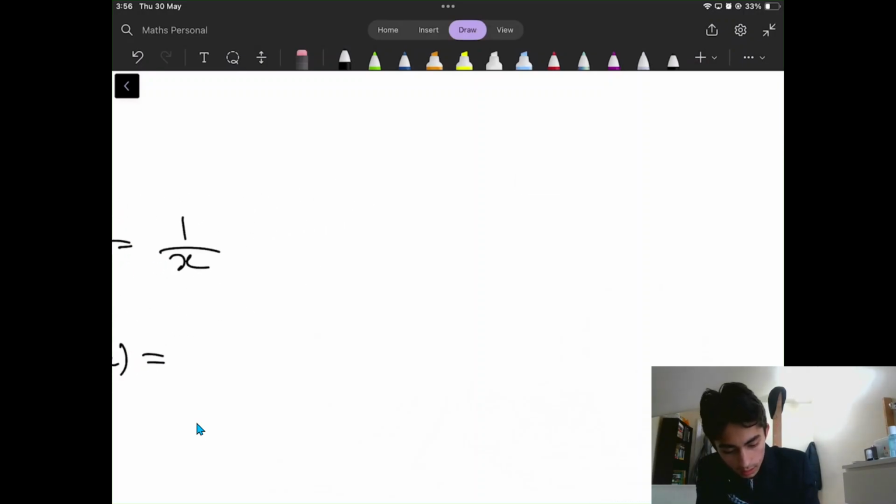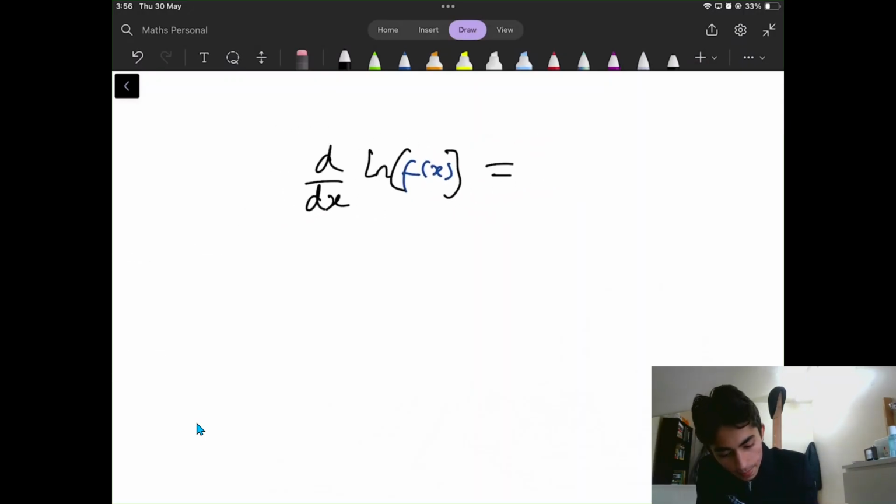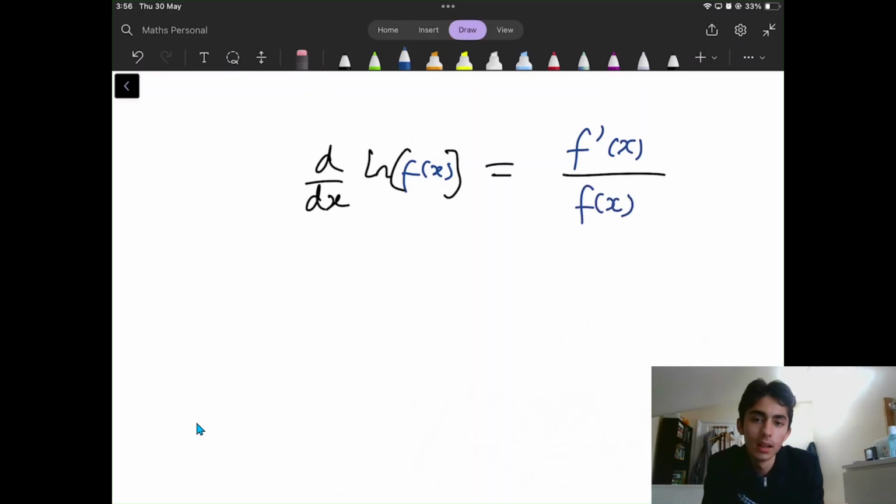If you have the derivative with respect to x of the natural log of some arbitrary function of x, that can be written as f prime of x over f of x, right? The derivative of the argument divided by the argument itself. That's how you differentiate the natural log of some arbitrary function f.